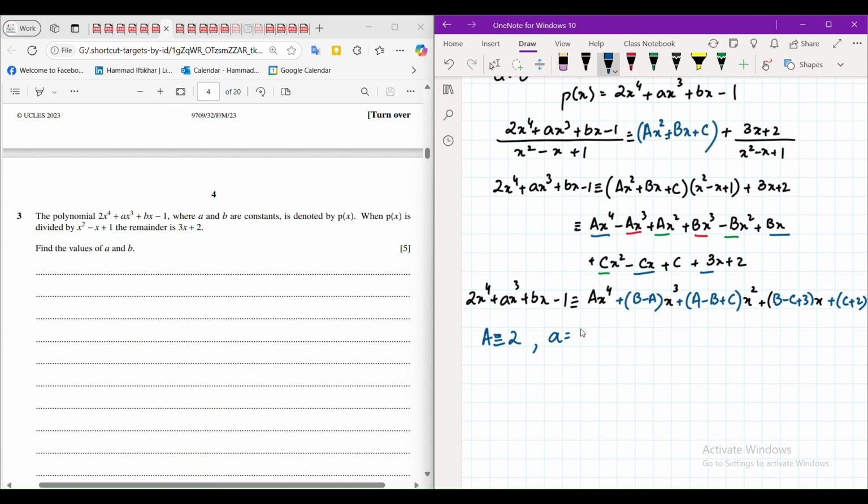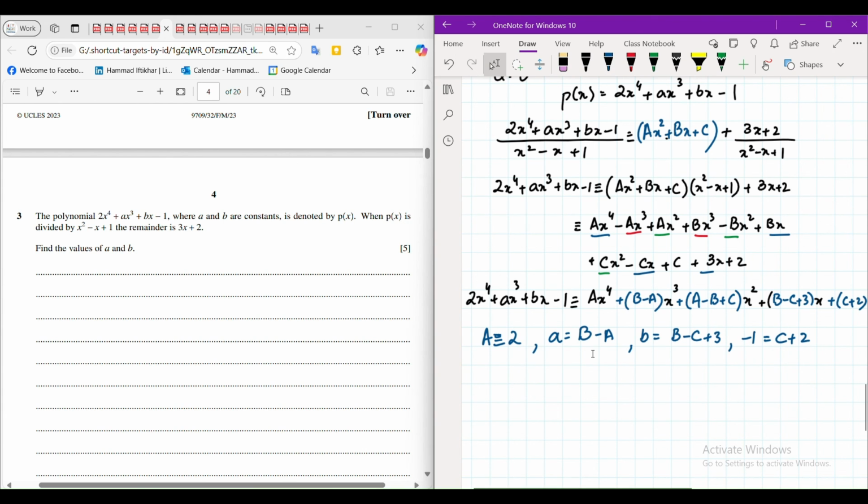Small a is equal to B - A. We know the A, but we do not know B, so let's keep going. Oh, we did not have the square term, sorry. We have b equal to B - C + 3, and -1 is equal to C + 2.